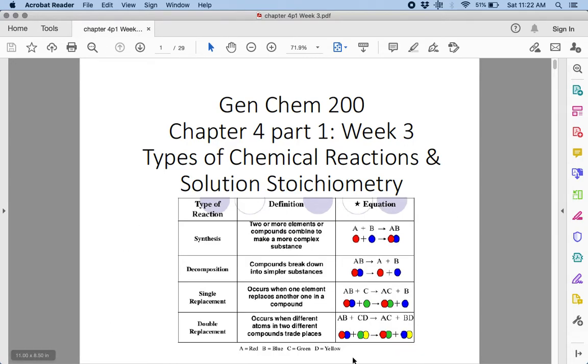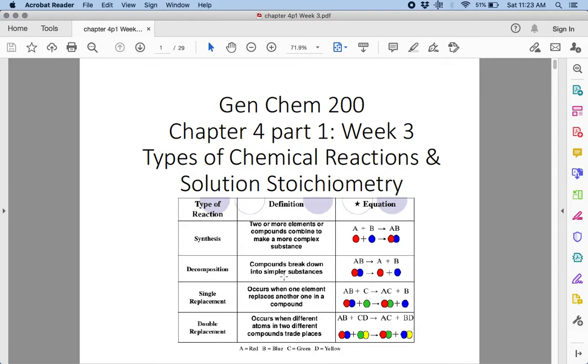So the first thing I want to bring up are these different types of reactions. We will go through representing and seeing some of these. You've seen the first two before through your Chem 152 days and pre-chem classes. And then there's single and double displacement that we'll be talking about in this chapter as well. One thing I want to make note of, we'll talk about the concept of a redox reaction.